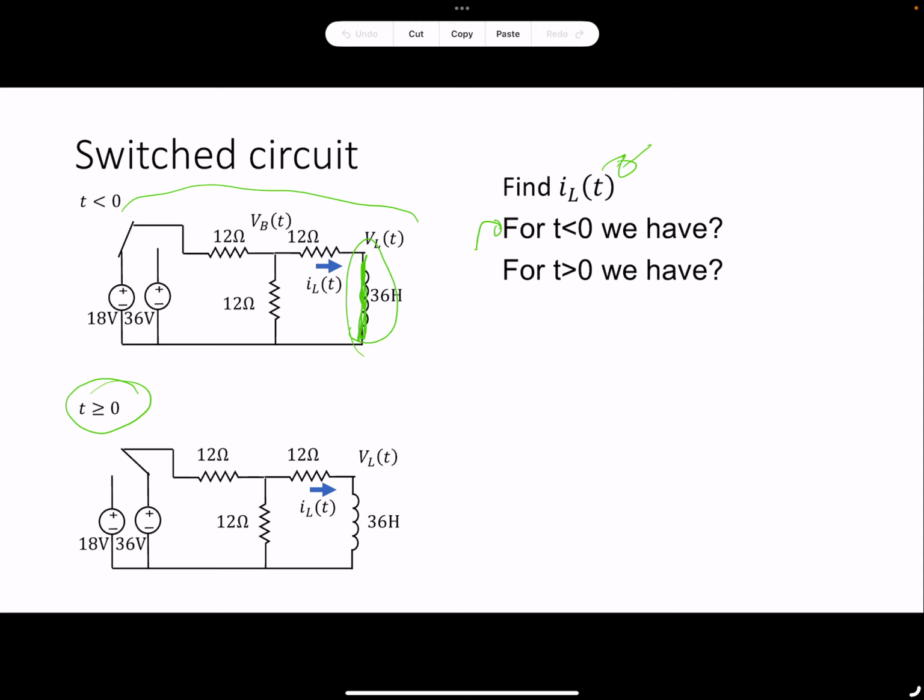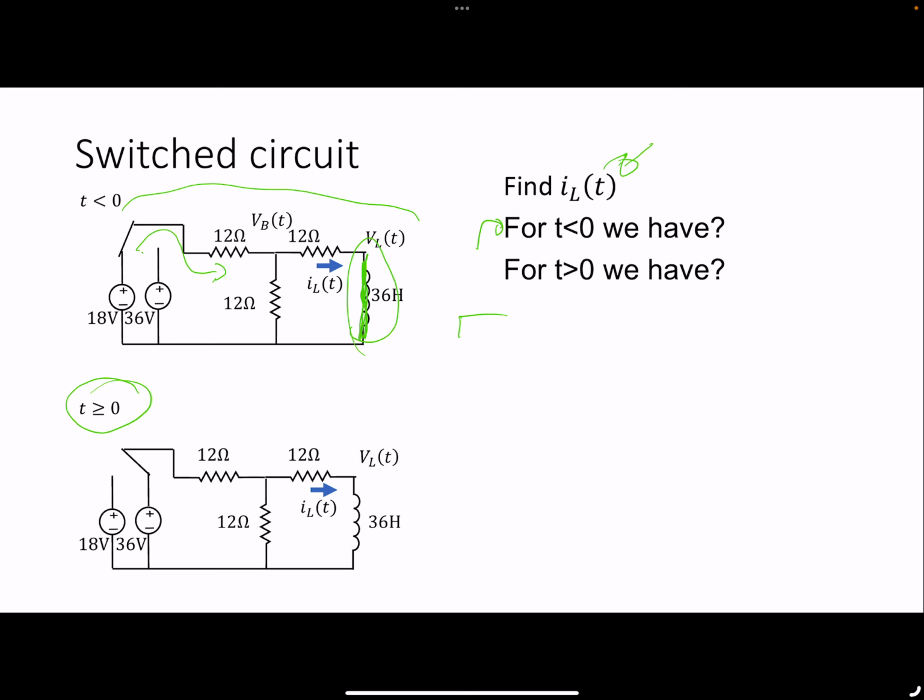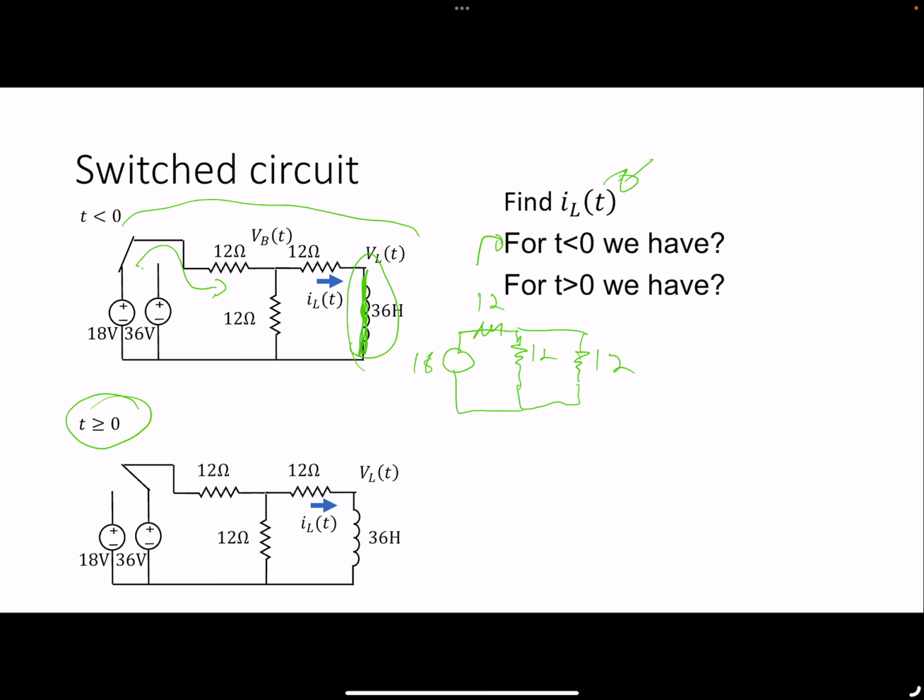And so what we have here is 18 volts. So here, I'm going to rewrite this: 18, 12, 12, and then 12, and then IL going through there.